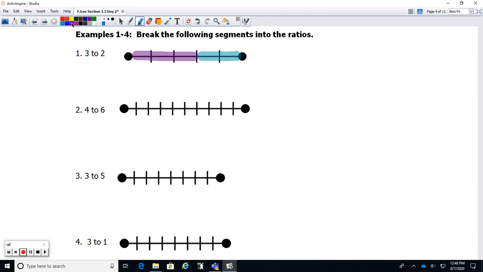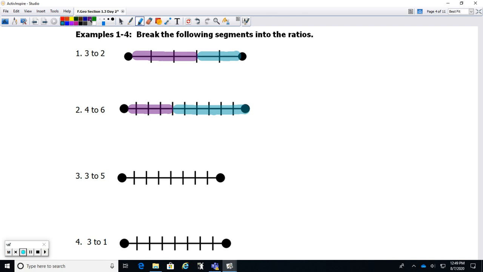Okay, let's try 4 to 6. 1, 2, 3, 4 is right here, and then 6: 1, 2, 3, 4, 5, 6. We could have reduced this. Could have said 2 to 3 if you grouped them.